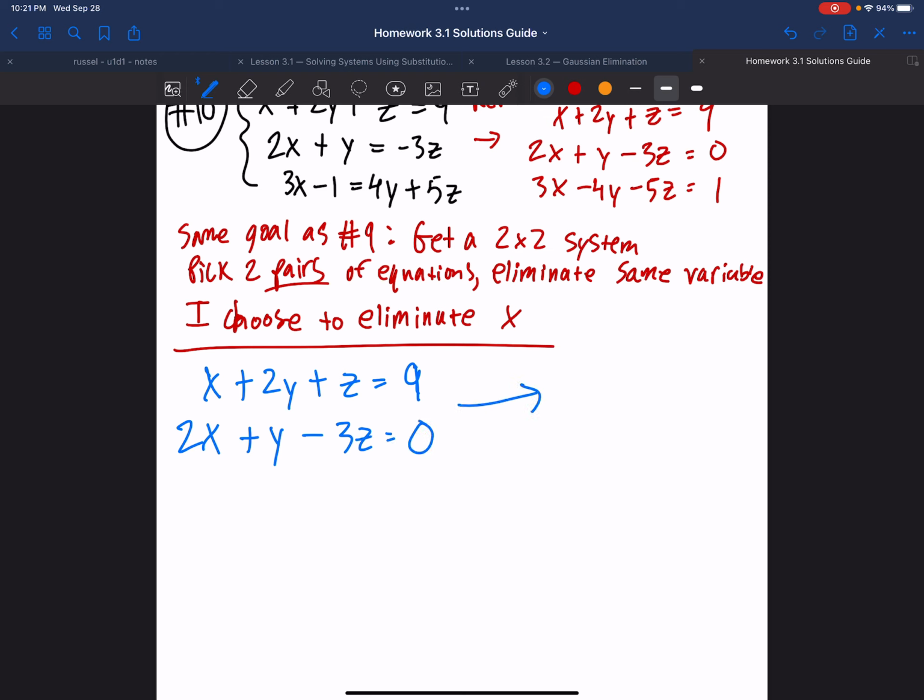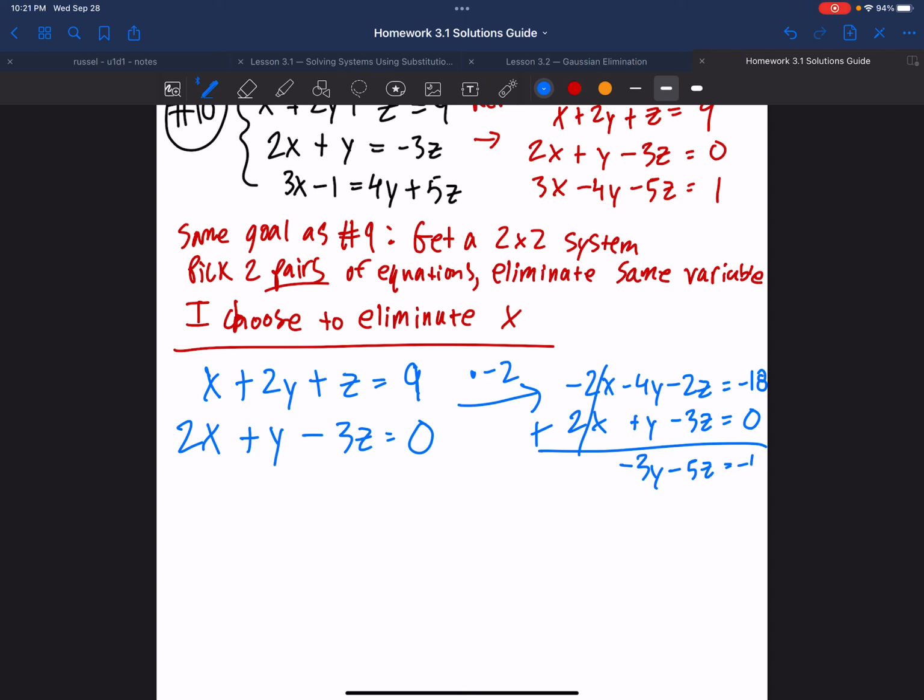If I multiply by negative 2 on the top equation, I get negative 2x minus 4y minus 2z equals negative 18. On the bottom, I get 2x plus y minus 3z equals 0. I will add these, so x's cancel. I get negative 3y minus 5z equals negative 18.